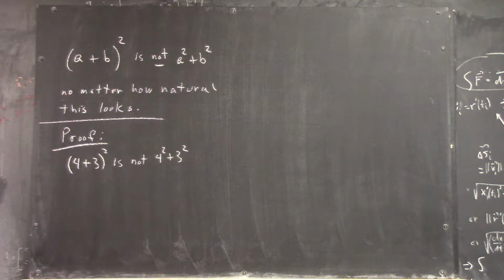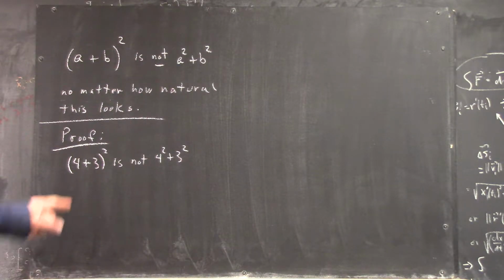Four plus 3 squared is not 4 squared plus 3 squared. What's 4 plus 3 squared? 7 squared. Again? 7 squared. Which is? 49. Yeah. Got that? Okay. So this is 7 squared.